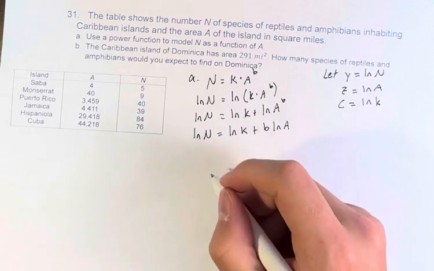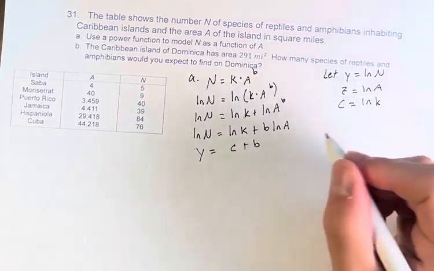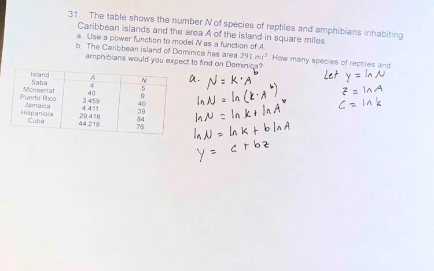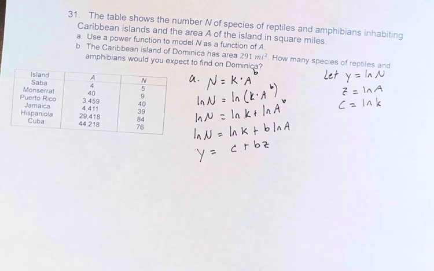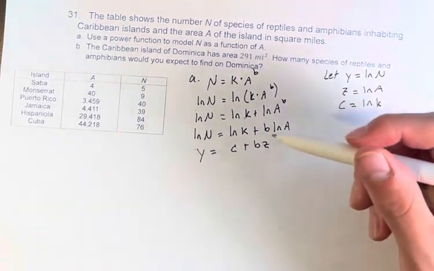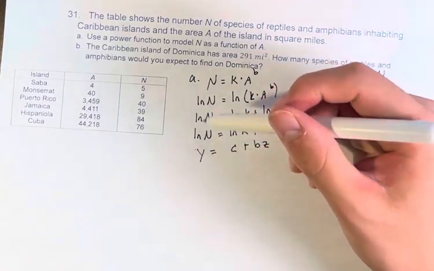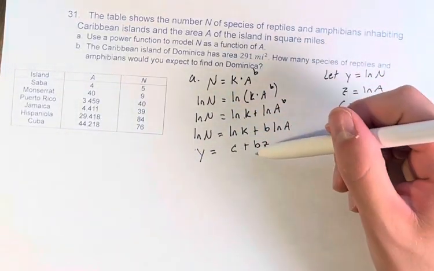When we plug these in, we have y is equal to c plus b times z, right? And we have a linear function right here. So now we can use this to get the least squares regression line, the linear regression of the data using y and z.